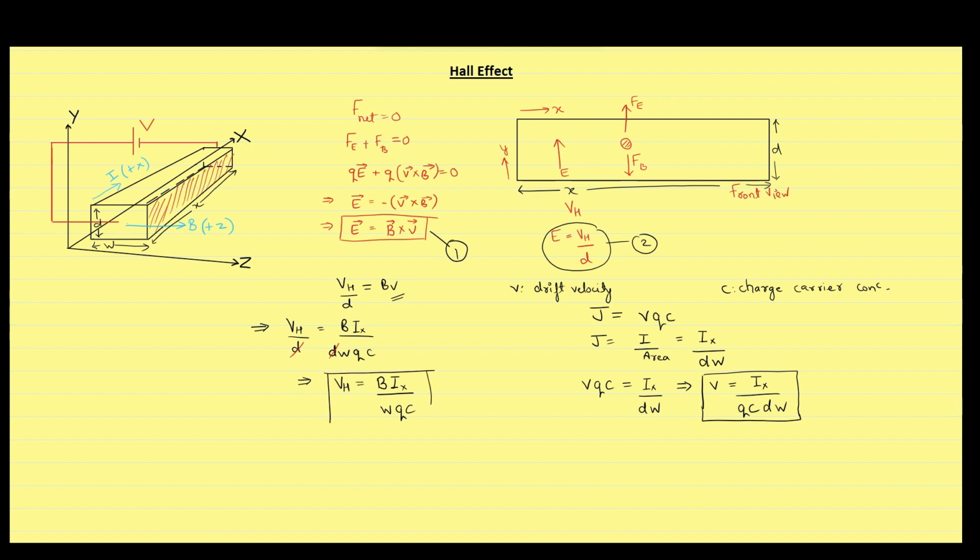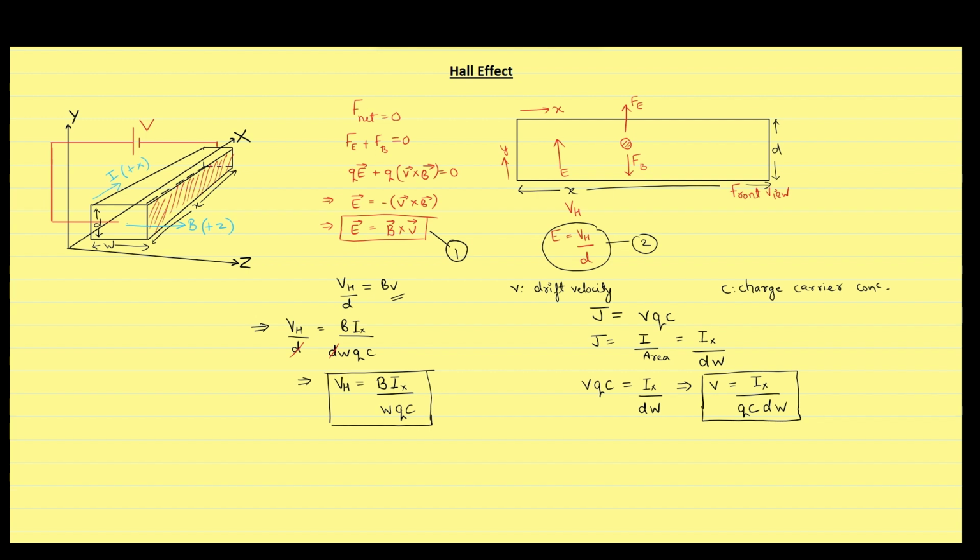And by this formula we can find the magnitude of Hall voltage. We have ignored the directions, so we are going to find only the magnitude. The direction, whether it is going to be positive or negative, you have to find on your own.